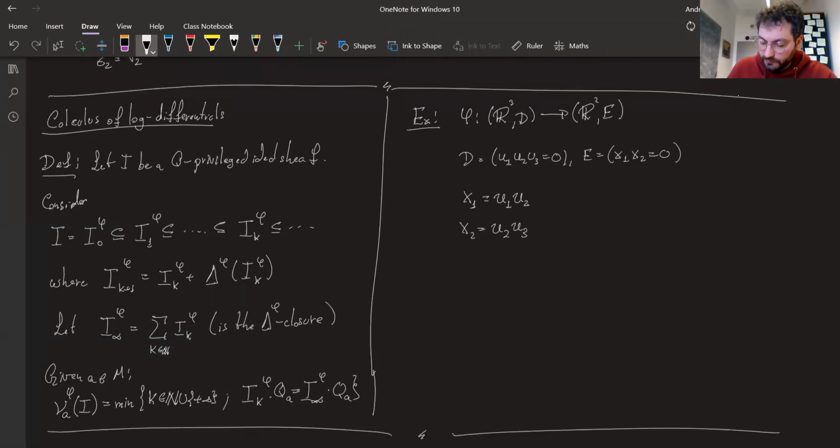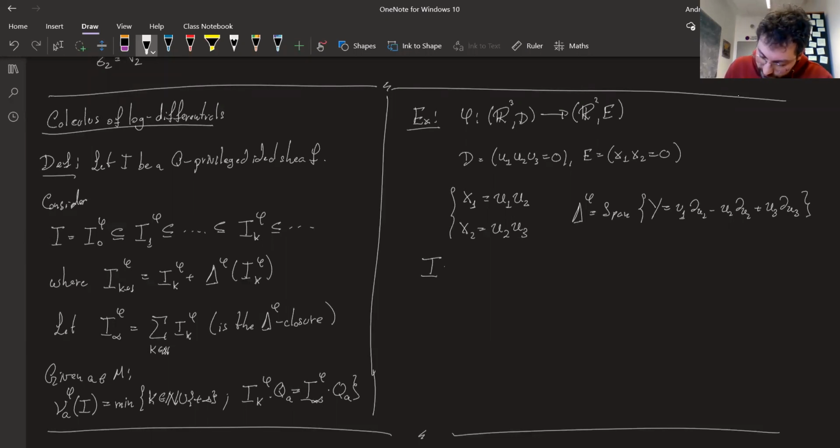And just by doing the vectorial product of the two vectors here, (1, 1, 0) and (0, 1, 1), we can find that this is spanned by one vector field, which I'm going to call y. It is given by u1 du1 minus u2 du2 plus u3 du3.